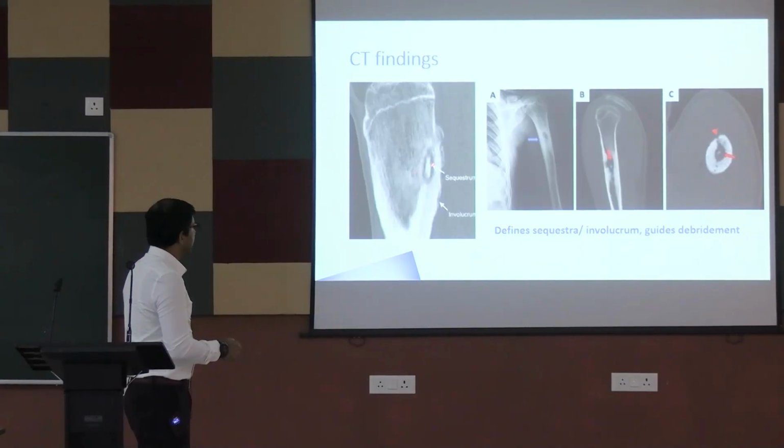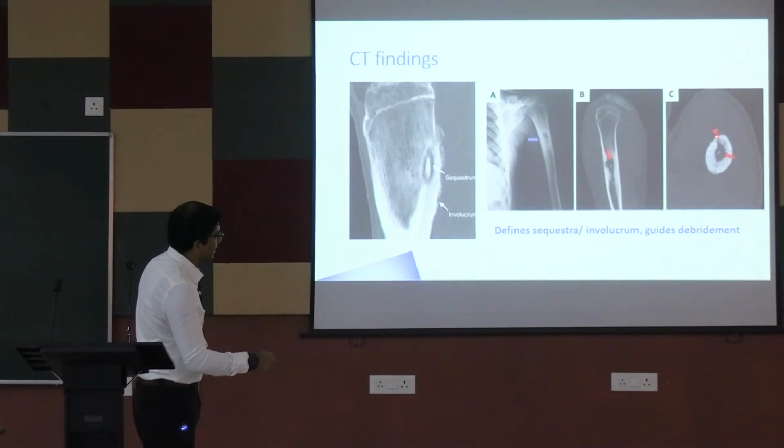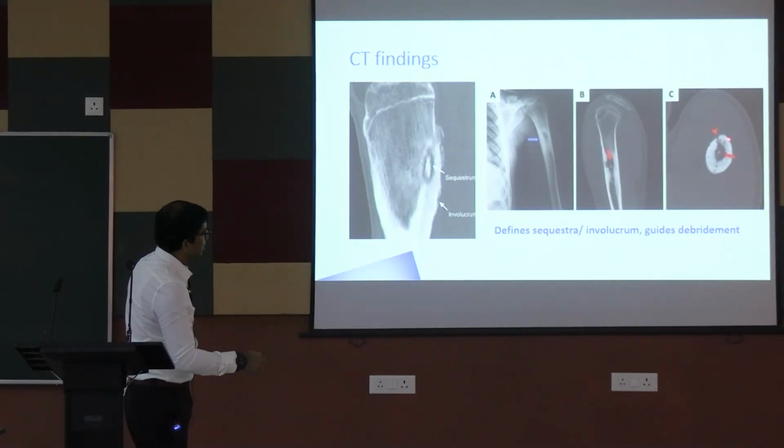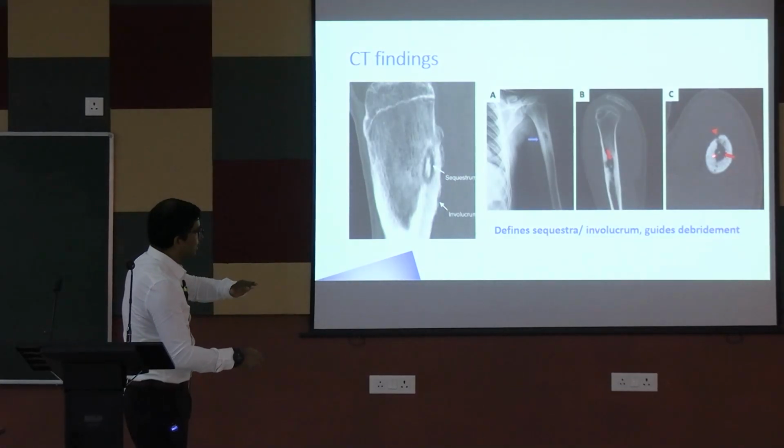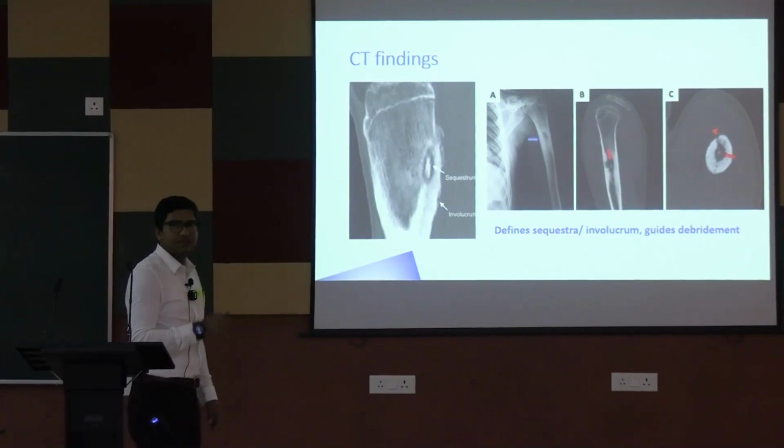In CT scan, this infected dense foci, the sequestrum, is clearly visible, and also this quite dense involucrum. This is the X-ray, and of the same patient, this is the CT scan. See, this is the axial CT scan. You see a very tiny radiodense foci. So this is the sequestrum.